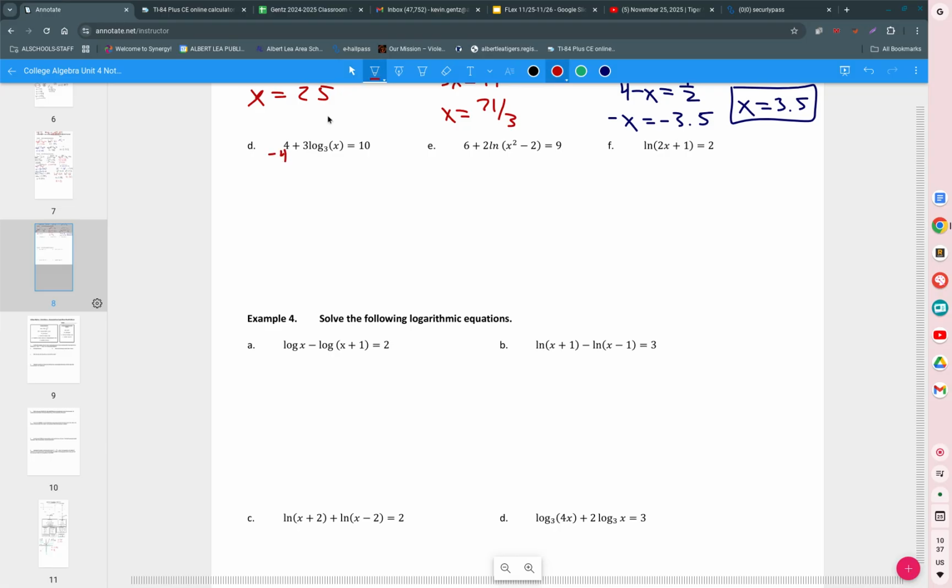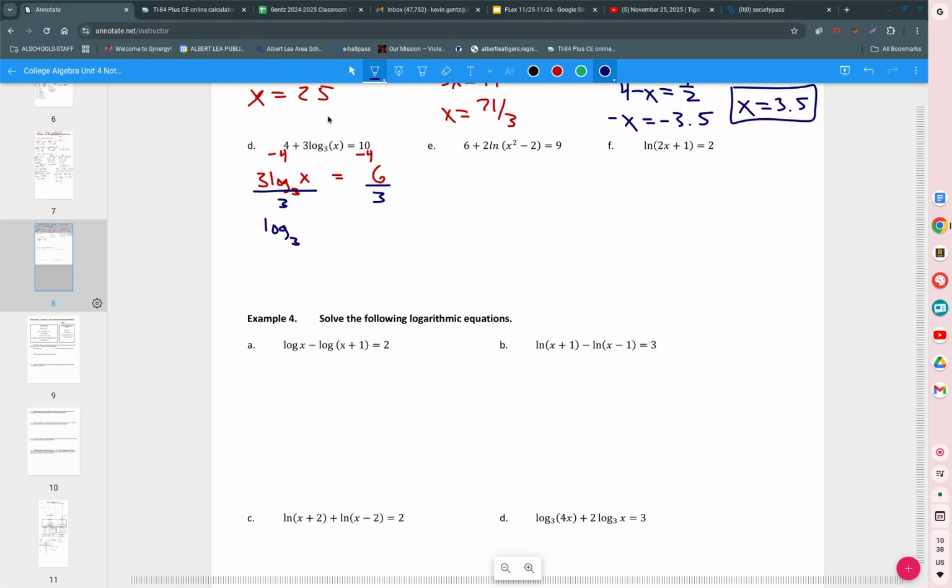I wonder if... Yeah, it's times. Oh, it's times. So then you divide. That's similar to C. Yeah, x equals 9. It would be 3 to the second, not 2.